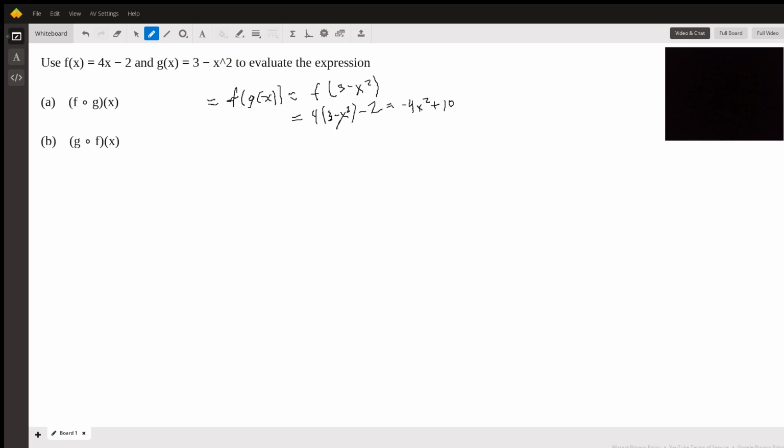I'm going to change colors just to make it a little more interesting. I like to use this green color. And we'll do this other one, g of f of x, only I'm going to write it in this friendlier notation.